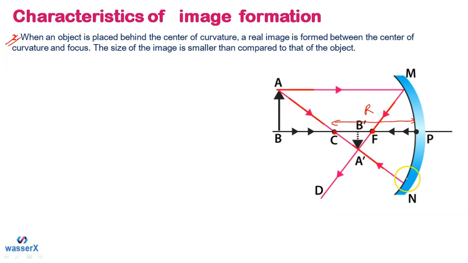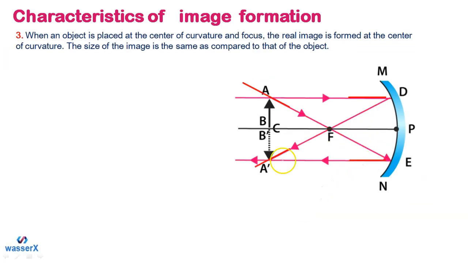By making the same angle, it is reflecting back here. In this way we are having the image formation, which is B dash A dash, that's the image. This is real, inverted, and it is smaller than the object basically.